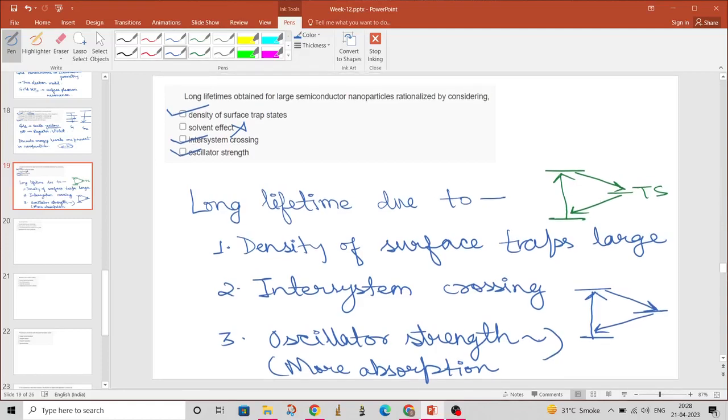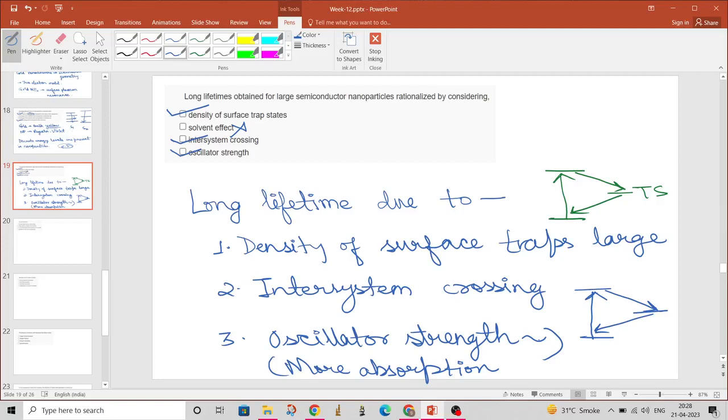Density of surface traps means if there are trap states on the surface, it can trap either electron or hole there, and so it may take longer time for recombination. Same is the intersystem crossing. If the system undergoes intersystem crossing, it may take longer time to come back to the ground state.